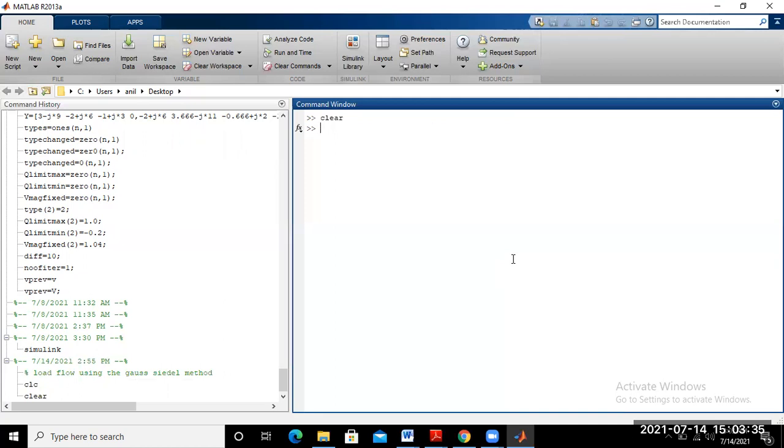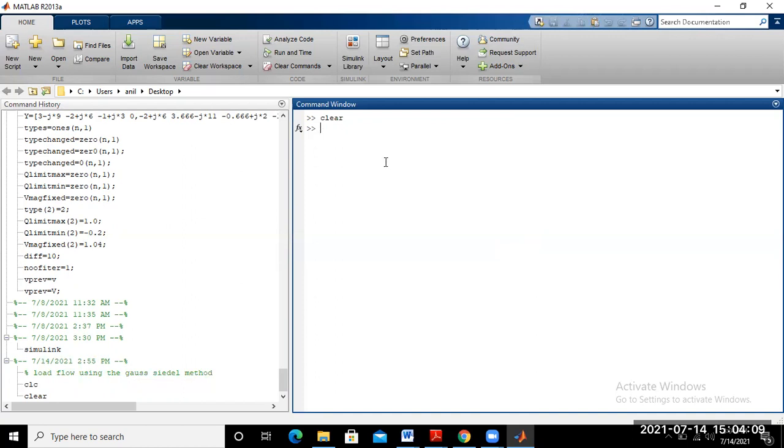Next, write here n equal to the number of buses. How many buses have you considered in your particular numerical problem? If you consider the number of buses equal to 4, that is a 4-bus power system, you find out the PQ bus parameters, where P and Q are known and V and delta you find out.